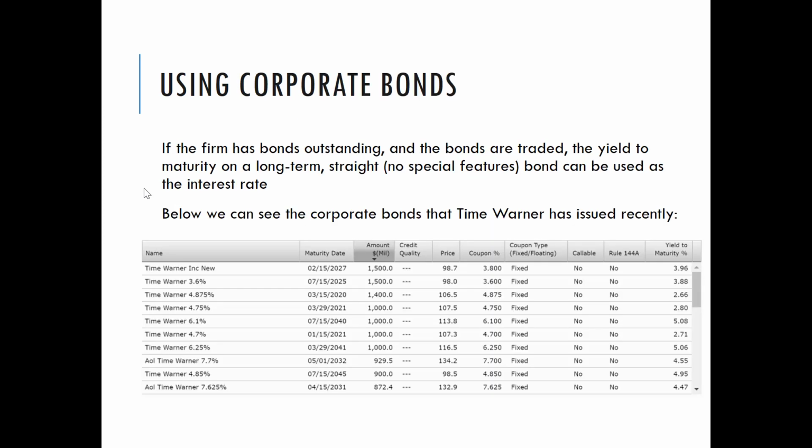Using corporate bonds, as I mentioned, is another approach. You could look at the currently issued corporate bonds to figure out what they are currently paying. So what is the yield to maturity? What are the amounts for the debt, basically the issued bonds, and also what is the maturity date? Again, there are pros and cons, in the sense that this might not be reflective of the future, because some of these might have been issued a long time ago when interest rates were much lower.